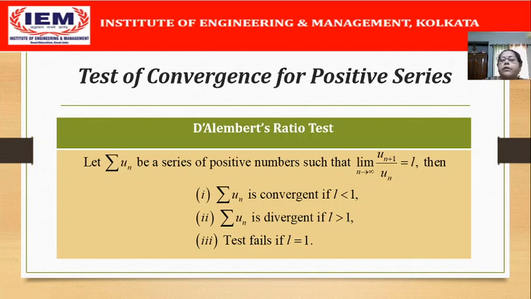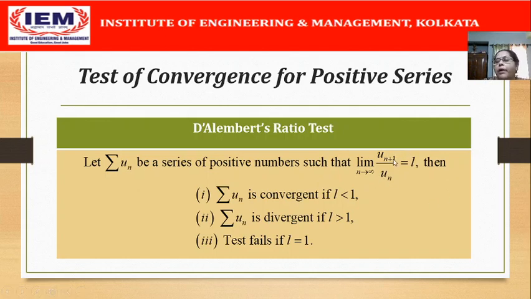Now, note one thing over here. In the comparison test, actually we had to choose a second series for the purpose of comparison with the given series, and based on that we used to give the conclusion whether the given series is convergent or divergent. However, in this case the things are much easier because we don't need to choose any second series.